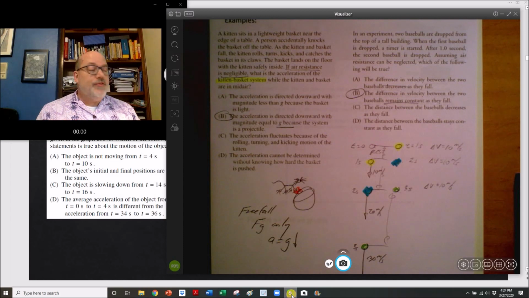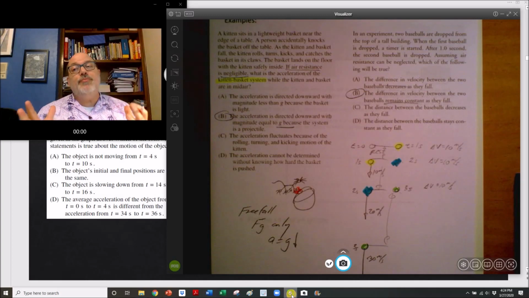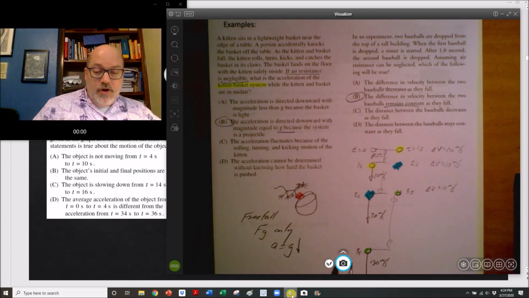Gwen Stacy is always getting farther and farther away from him, unless he starts with an initial velocity. So he uses his webs to start with an initial velocity to catch up. Then it's possible. All right.